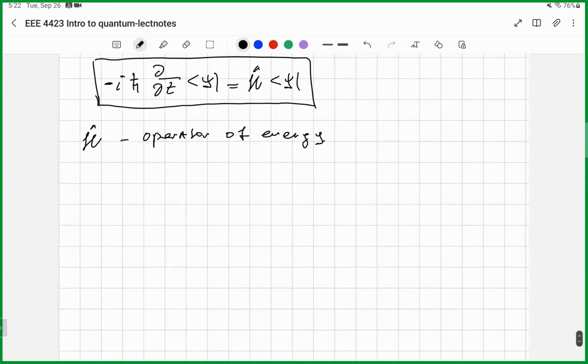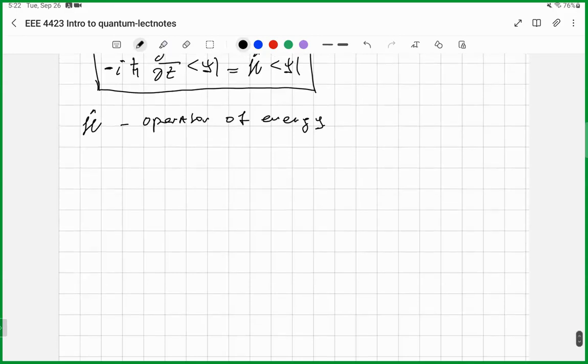If you recall from classical physics, the energy of, for example, a particle in some potential field is given by the kinetic energy plus the potential energy.